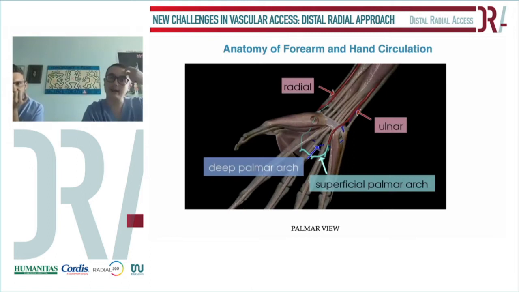So this image that was already shown by Gabriele is fundamental in our opinion, because here we can see the palmar view of the hand. We have two different arches that supply the hand and the fingers.